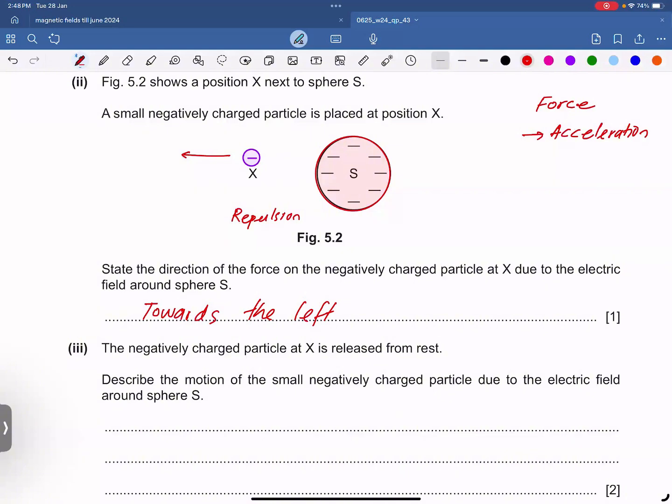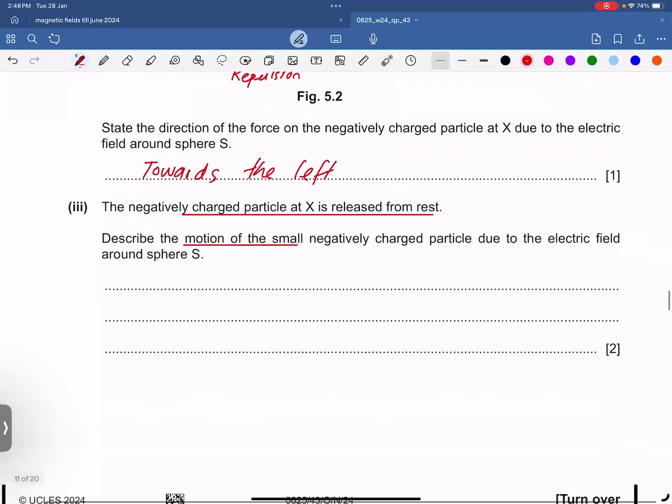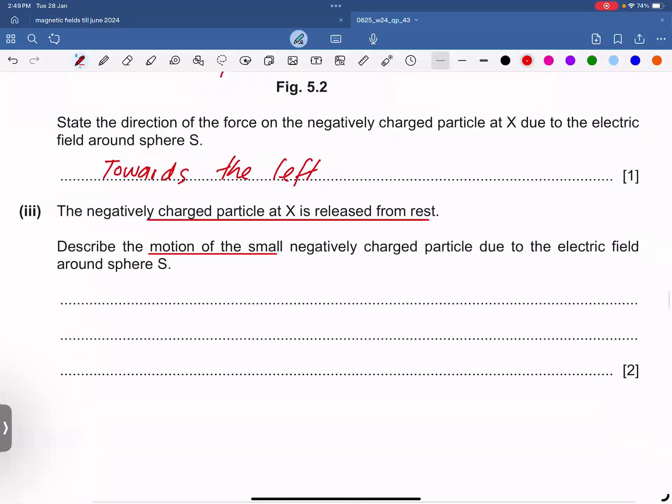The negatively charged particle X is released from rest. Now you release it from rest, describe the motion. As I already told you, there is a force, and force means it will accelerate, due to a resultant force. So you will say the particle at X will accelerate towards the left.